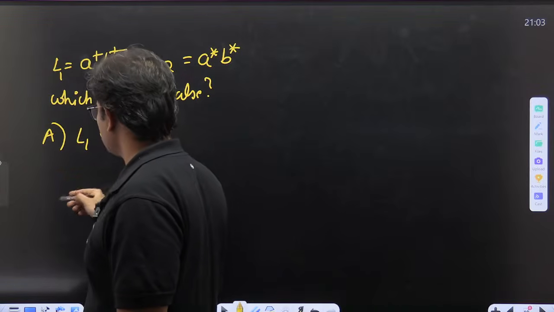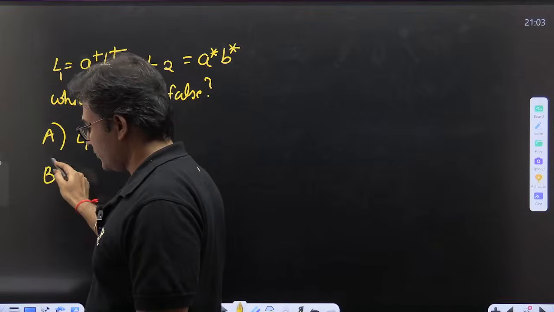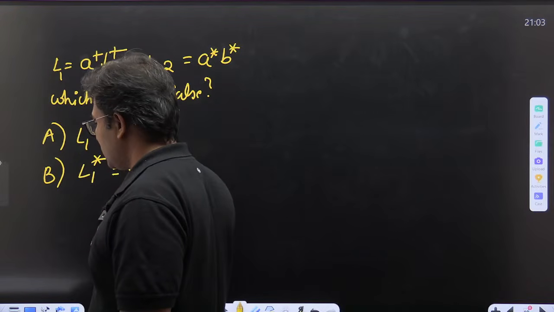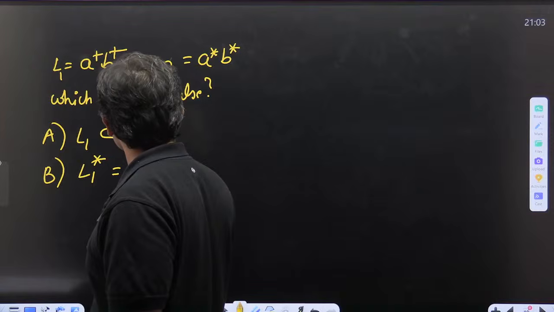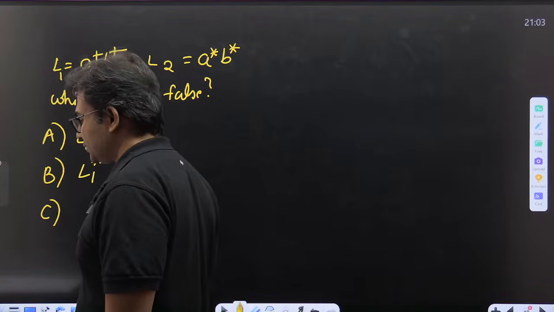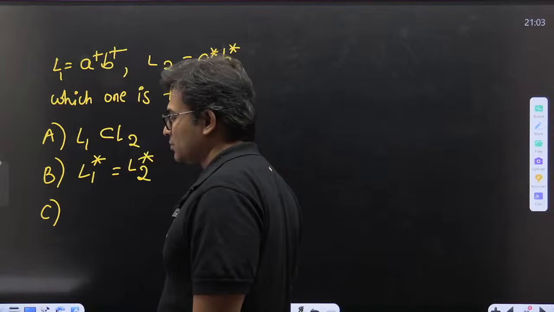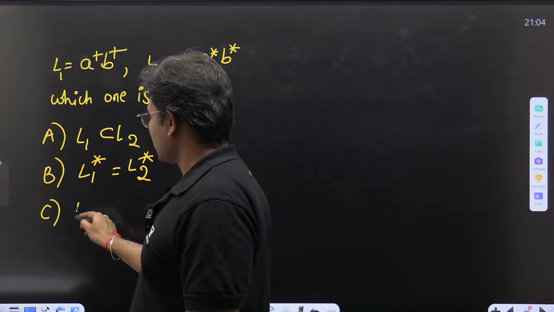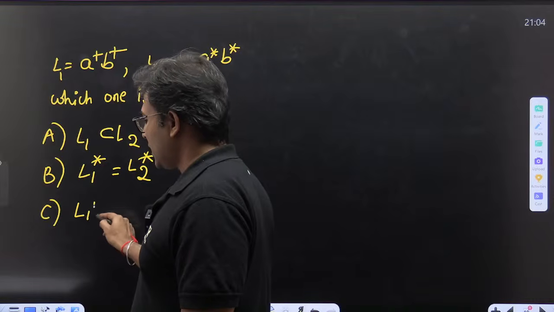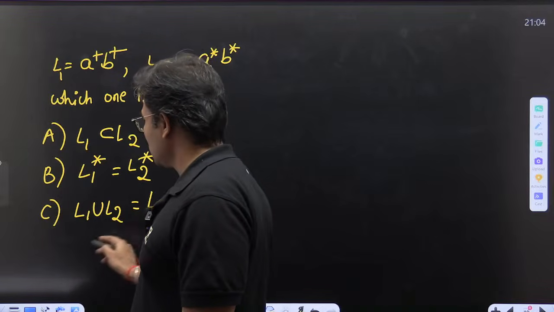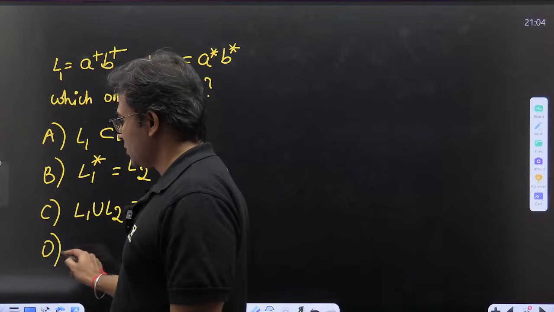B, L1 star is equal to L2 star. C, L1 union L2 is equal to L2. D, none.